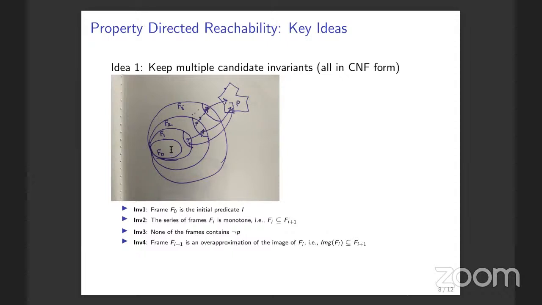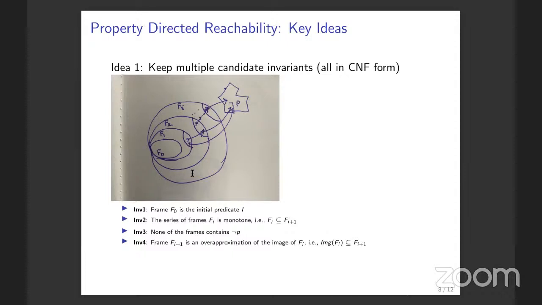So F0 is your initial state, initial predicate, and F1, F2, and Fi are here called frames. They are CNF formulas, but they are over approximations to images that are derivable in K steps.